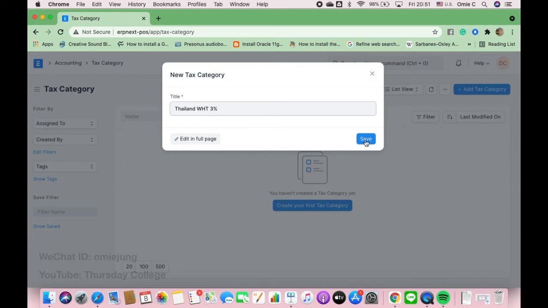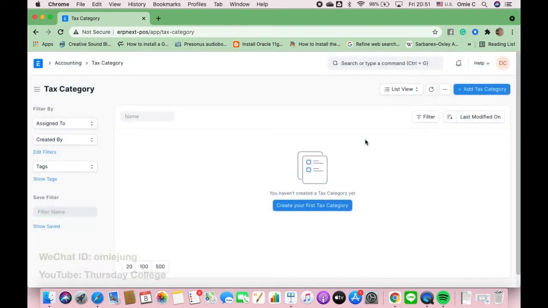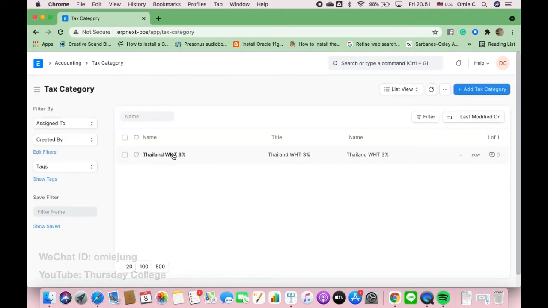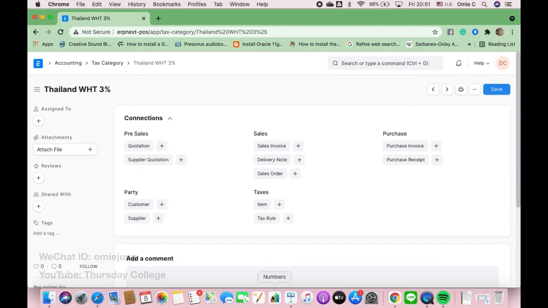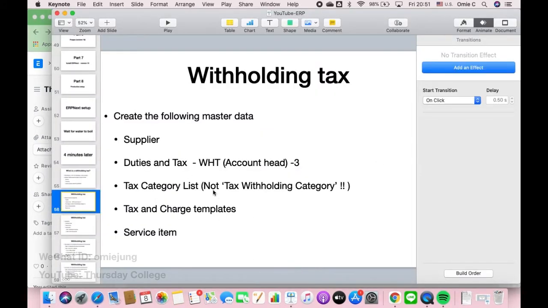Once you put it, they're gonna have the record for you in here. However, the 3% you see here is just the name. It doesn't have any value, because they're gonna use the value from the record of the duty and tax. So we just create it, and then the tax and charges template.